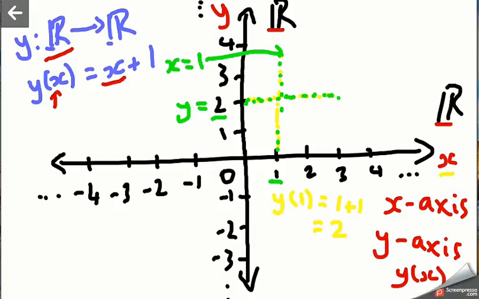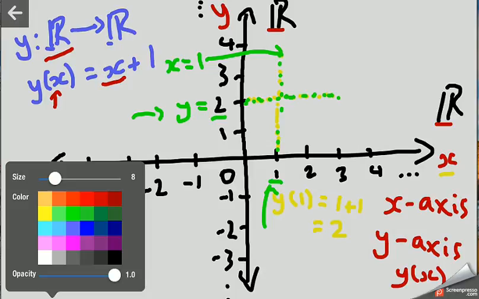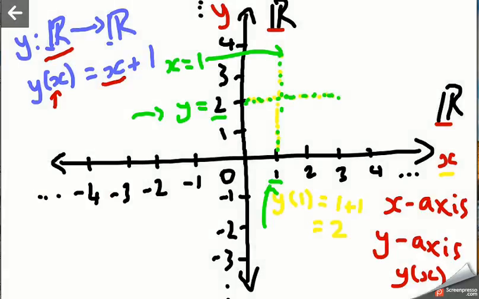Well, we want the point where x equals 1 meets y equals 2, because x is the thing that goes into the function and y is the thing that comes out of the function. Well, we can see from our picture that that point is actually right here.